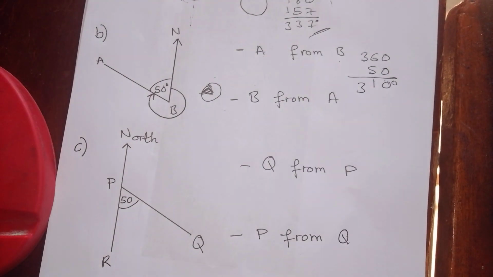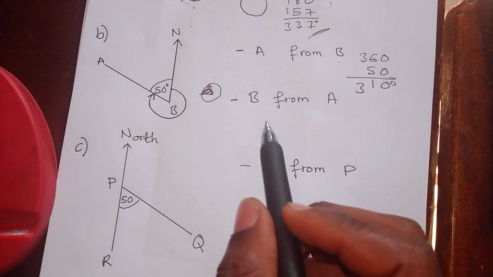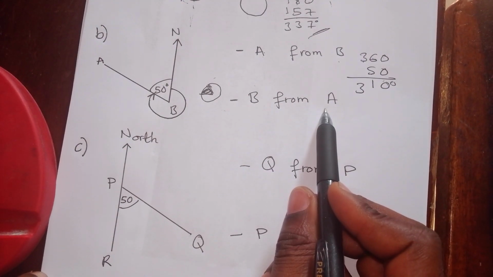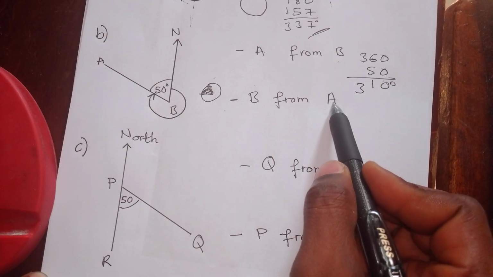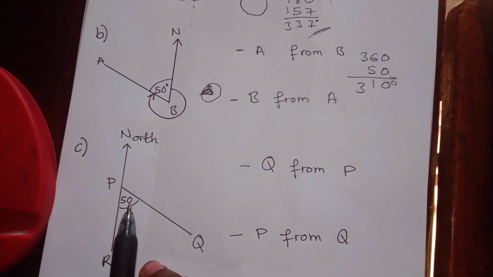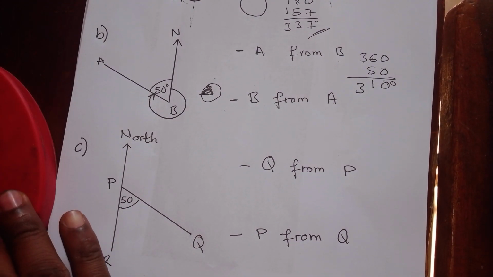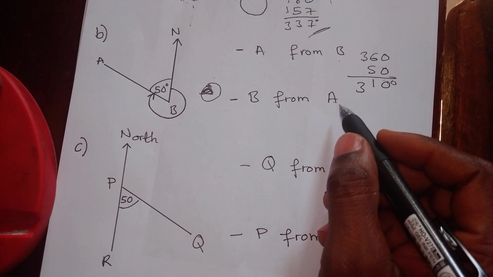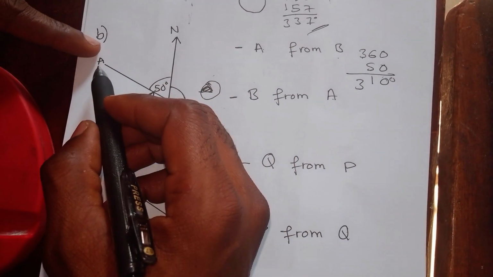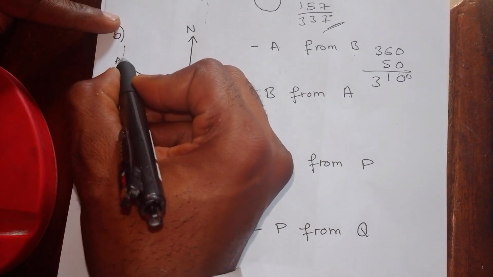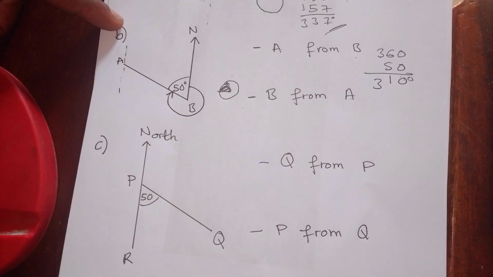And then on part B, we want to find the bearing of B from A. In other words, you are coming from A going to B. So to find this bearing, you can just go to A, like I said earlier, so this is where your A is, and then draw an imaginary north line like this.